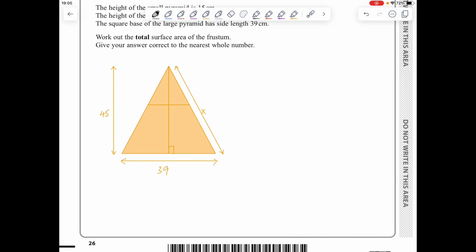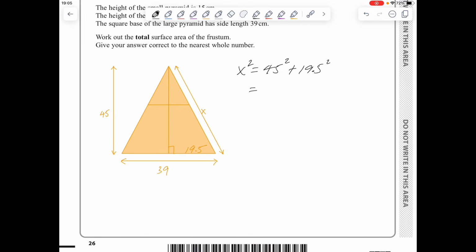Now this is an isosceles triangle with a height of 45 and the base is 39, so half the base is 19.5, and I need to find the hypotenuse of one of those right angle triangles. So I get x squared is equal to 45 squared plus 19.5 squared.